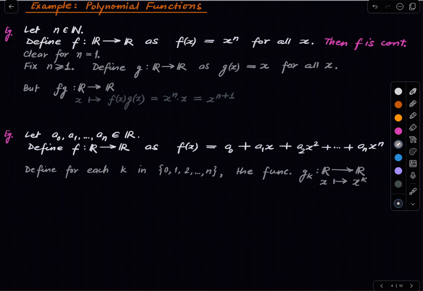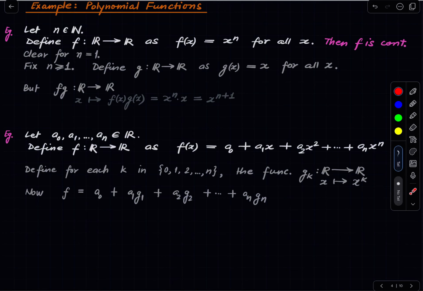So gk is continuous by the previous example, and now f is what? The function f is nothing but the constant plus a1 g1 plus a2 g2 plus dot dot dot an gn.